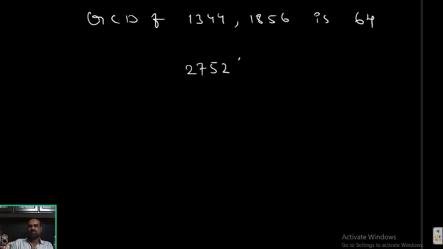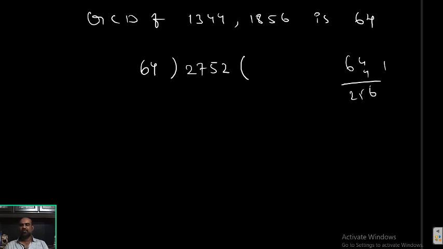2752 should be divided by 64. 64 4s are 16, 24... 2 5 means 40s are 2562, ending with 2, maybe 43s are, I will check it. 12, 18, 19, 16, 24, 25.